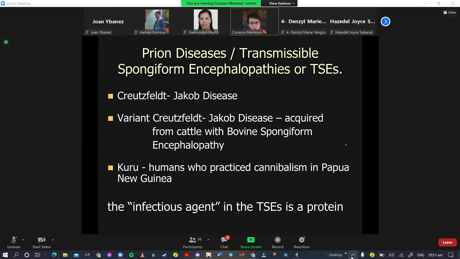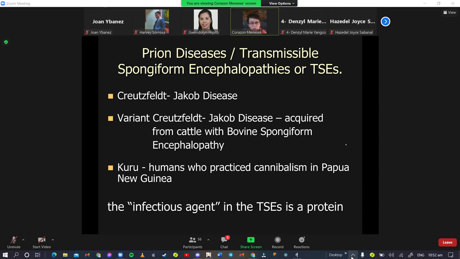We can get this from cattle when we eat beef that is not cooked very well, and it has the prion, the abnormal prion protein. I was actually able to read a whole book on this. It's very interesting.